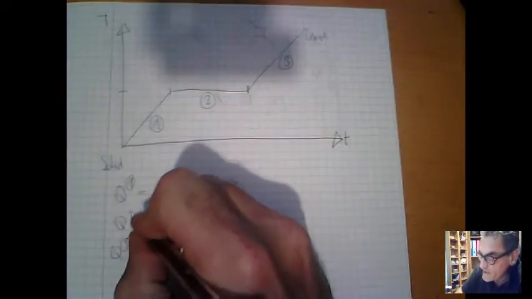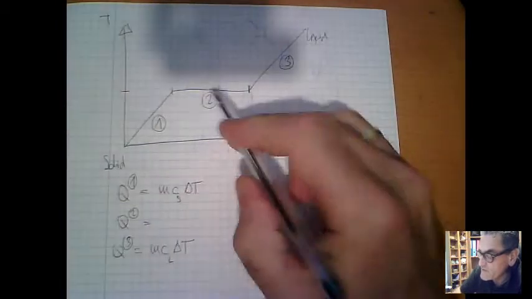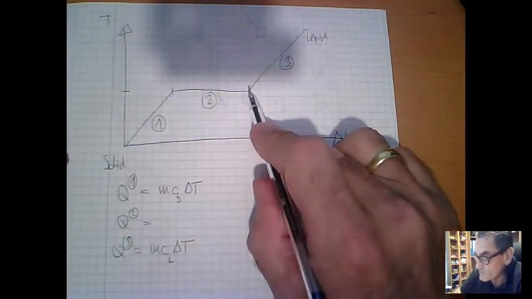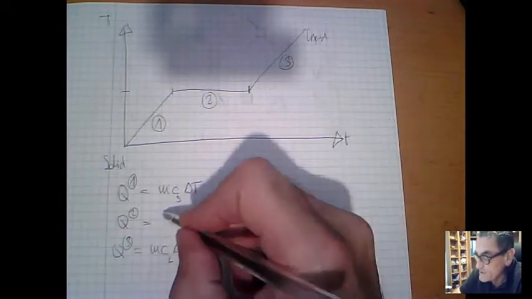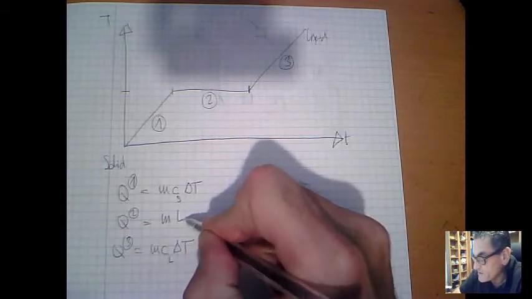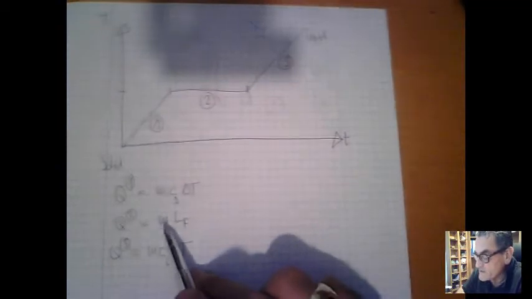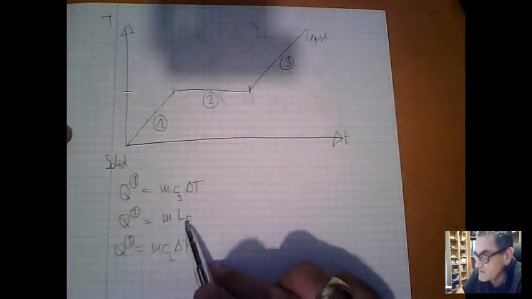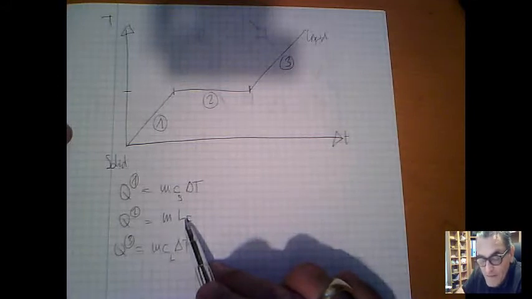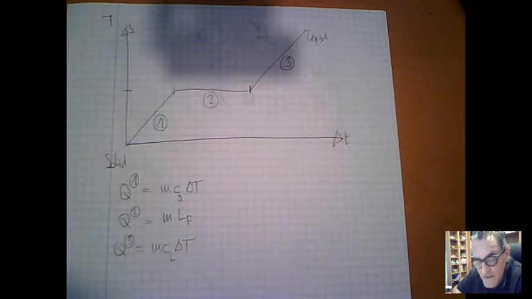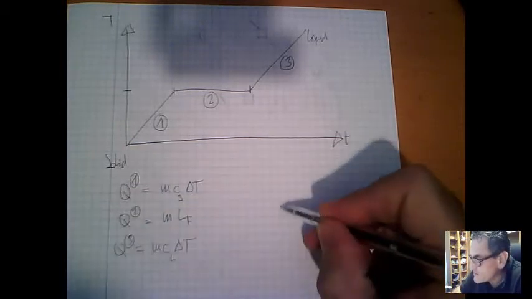And for the second phase, this phase in which you are changing from a solid to a liquid, the energy necessary for this phase is given by the mass times this LF, which we call the latent heat.